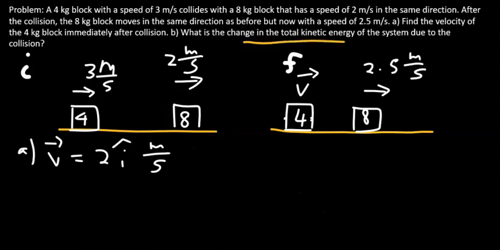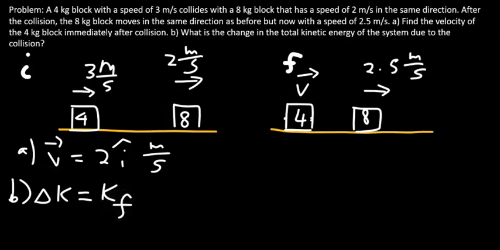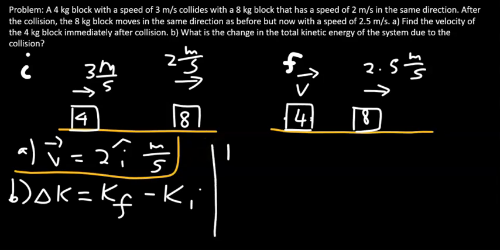What is the change in total kinetic energy of the system due to the collision? So the change in kinetic energy of the system is given by the kinetic energy of the system after the collision minus the kinetic energy of the system before the collision. So let's calculate these two terms, Kf and Ki, separately. Kinetic energy of the system after the collision can be calculated from that figure.